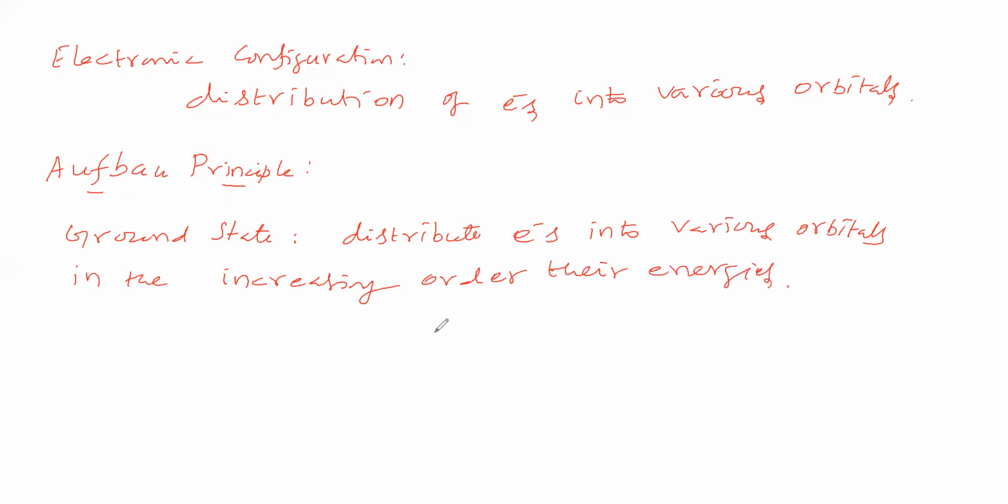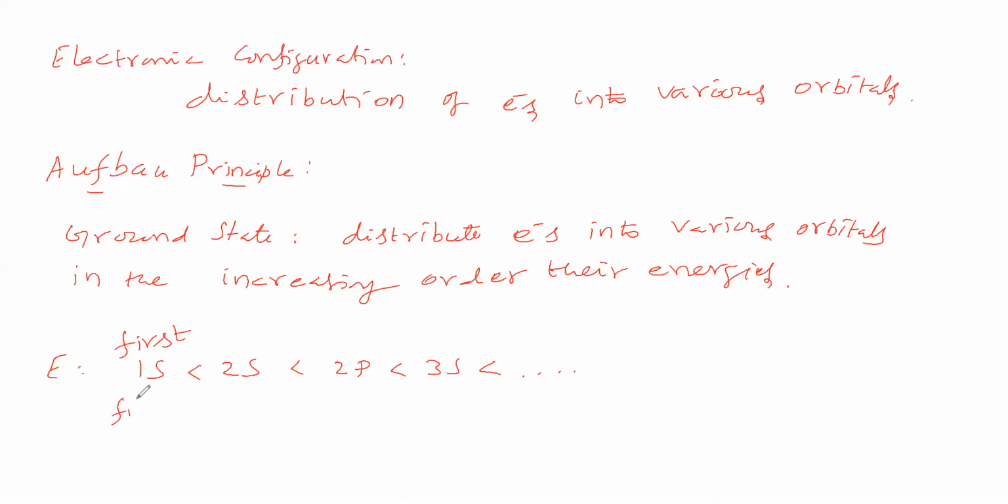Now we will see the energy of orbitals. 1s is less than 2s, 2s is less than 2p, 2p is less than 3s, and so on. So as per this Aufbau principle, the first electron should go to 1s.